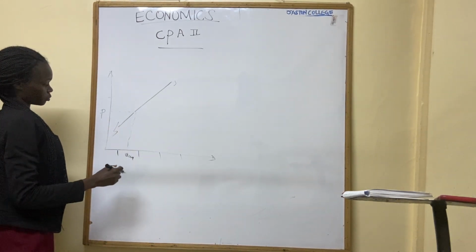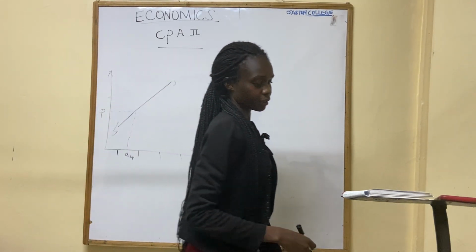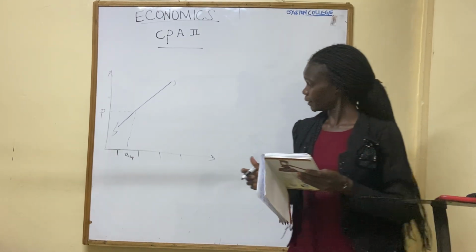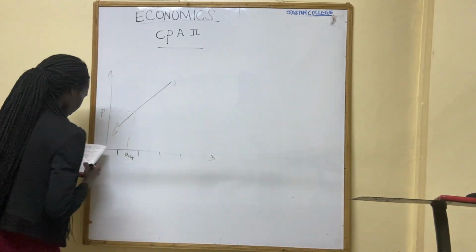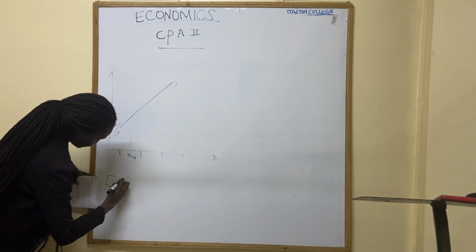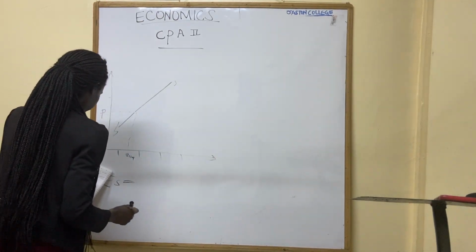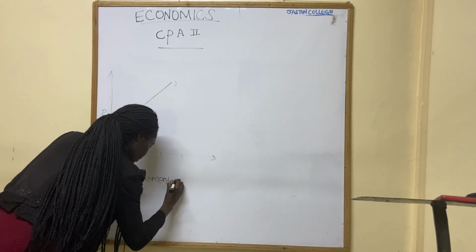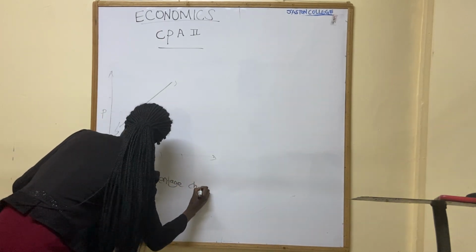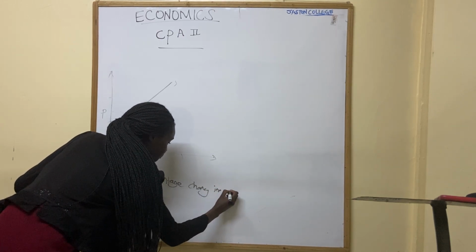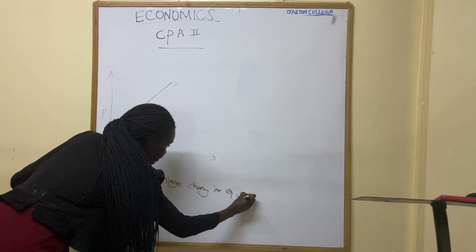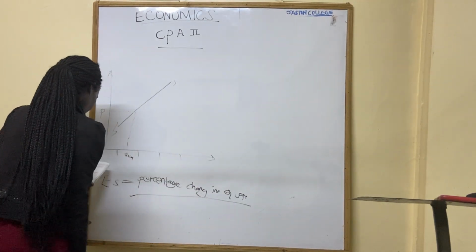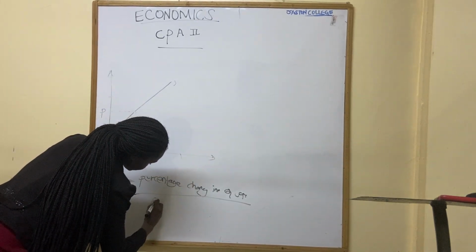So we are going to calculate price elasticity of supply. It is calculated by the percentage change in quantity supplied divided by the percentage change in price.